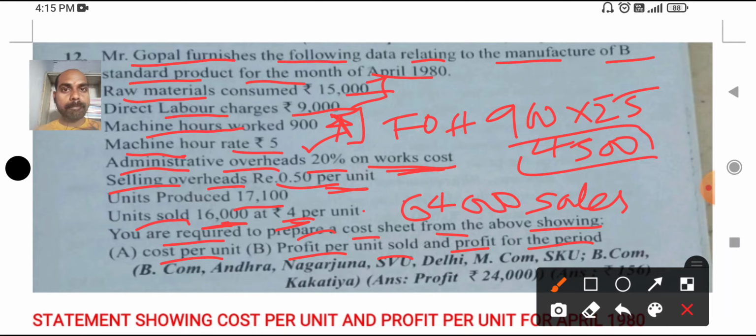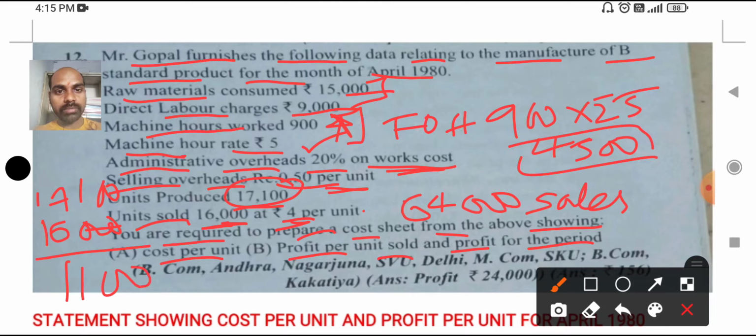But what is the twist here? Number of units produced 17,100, number of units sold 16,000. So what is remaining? Out of total units, 16,000 only you have sold, right? Total number of units produced 17,100 minus 16,000, that is 1,100.